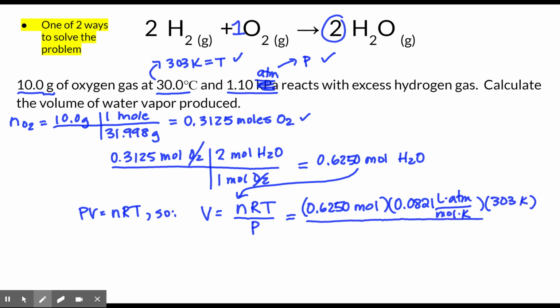All that's going to be divided by the pressure, which is 1.10 atm. And so our volume of water will be, I get 14.134. So 3 significant figures from all of my data means that I'll have 14.1 liters as the final answer for the volume of the water vapor.